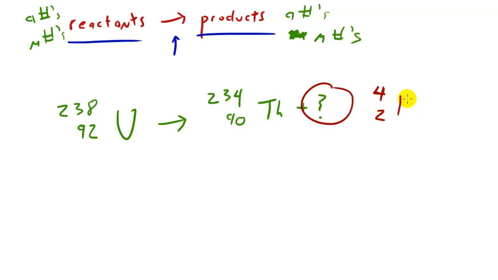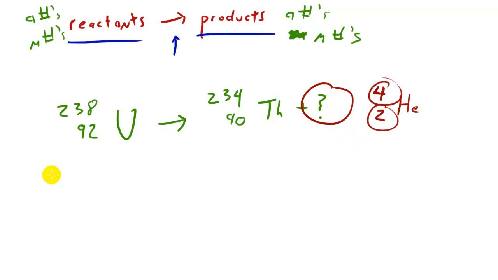So for 2, we know that any element with 2 protons is called helium. So in the case of 238,92 uranium, it can break apart into 234,90 thorium and 4,2 helium, which means, again, the mass number is 4, which means protons plus neutrons, and 2 is the atomic number, which means the number of protons.